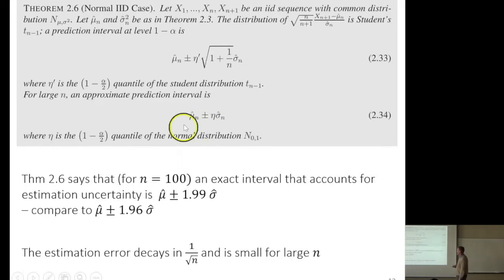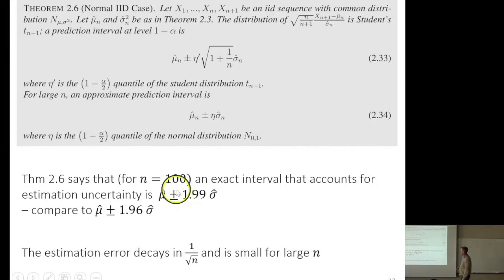So if we would apply this to the previous example, where I have, for example, 100 data points, the estimation uncertainty would be 1.99 instead of 1.96. So 1.98 is because the eta comes from the student distribution, and 1.99 would come because we have square root of 1 plus 1 over n instead of 1.